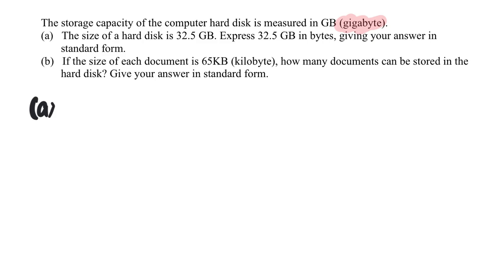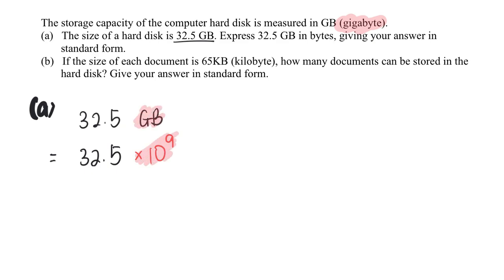you will then see the size. They give us this. So it is simply 32.5 gigabyte. 32.5 times 10 power 9. Giga is 10 power 9. Give your answer in standard form. So you will see Mr. Tan writing 32.5 as 3.25 times 10 power 1, because I moved by 1.